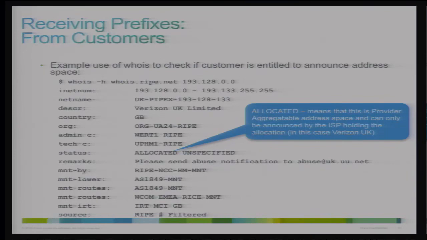Let's say I am a customer, getting an IP address assigned to me from service provider A, and I want to multi-home and connect to my service provider B. If I advertise that address that was assigned from A to B, that's a violation. So it's important to check that you are not receiving from your customer, and advertising, somebody else's address block.